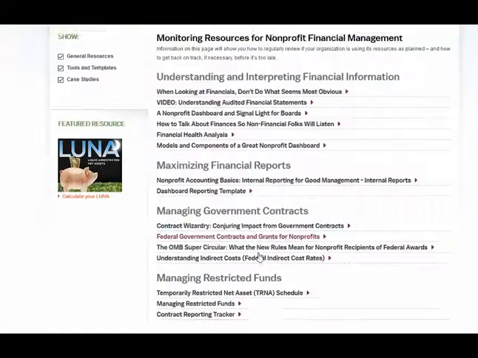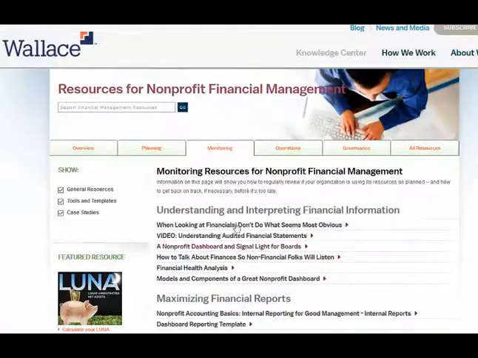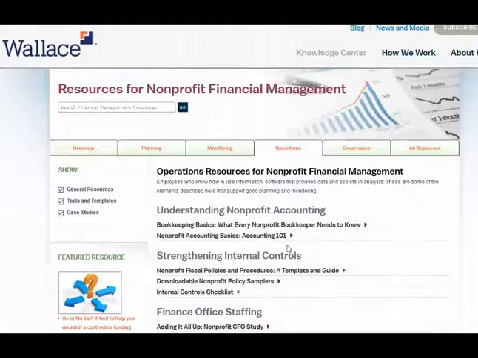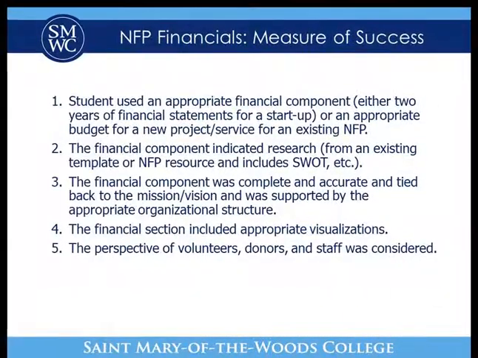You don't need to become an expert, but you do need certain components to ensure that the NFP financials are what is expected. 2 years of financials for a startup, or an appropriate budget for a new service or project tied to how it's funded and tied to the mission. Always use appropriate tools for analysis and make sure you include appropriate visualization.